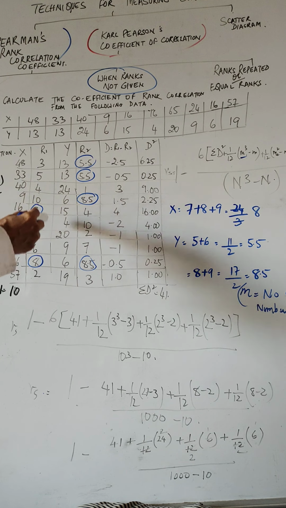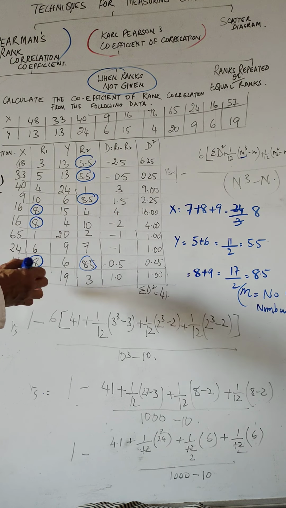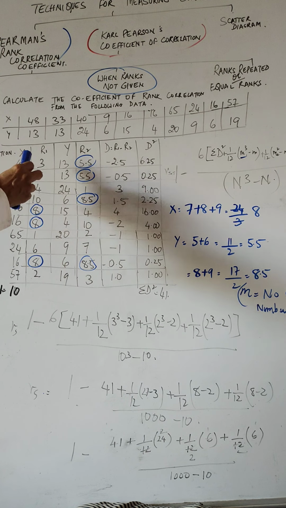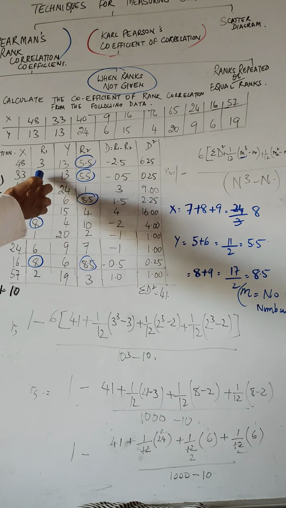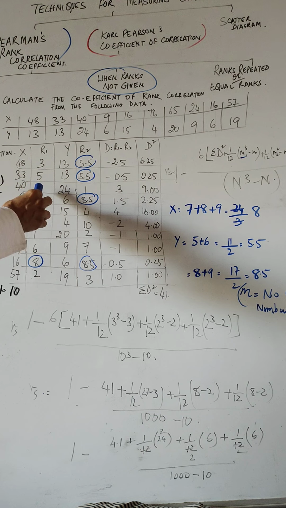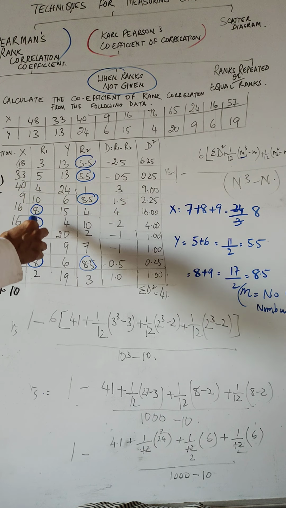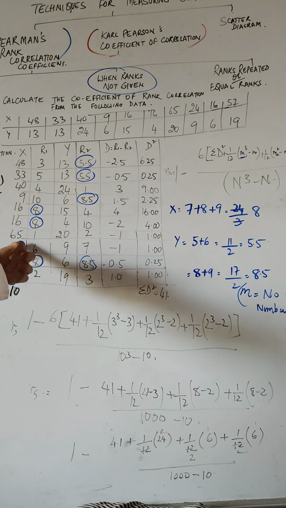The next highest is 57, we rank it 2. The next highest is 48, we rank it 3. Next is 40, we rank it 4. Next is 33, we rank it 5. Then 24, we rank it 6.